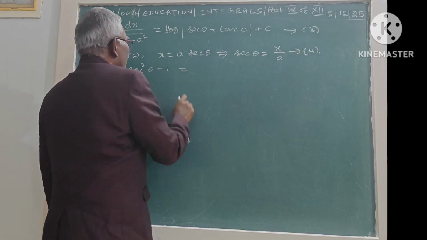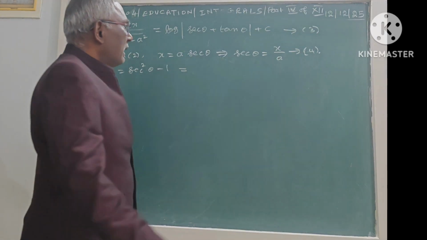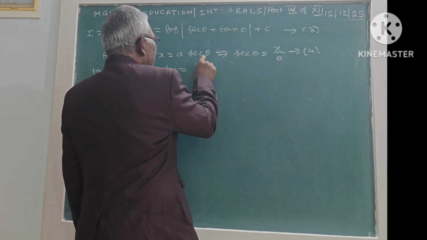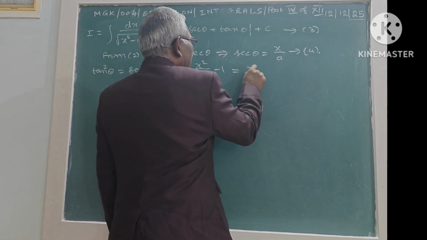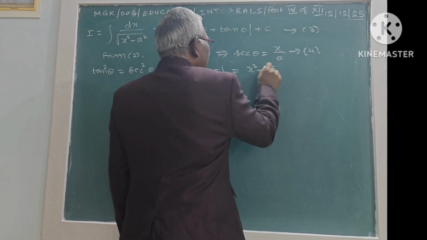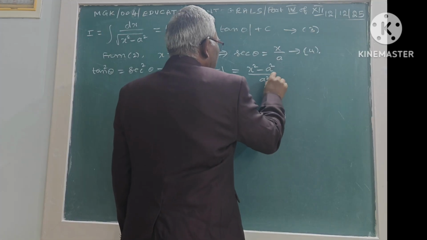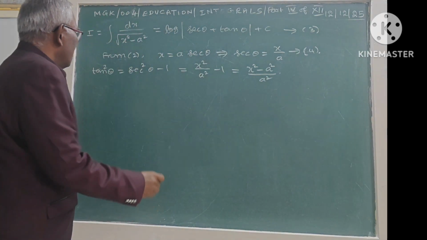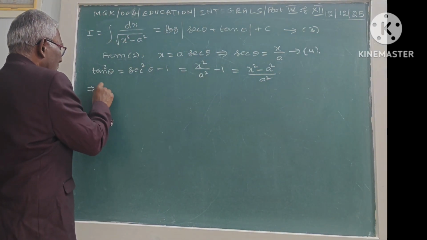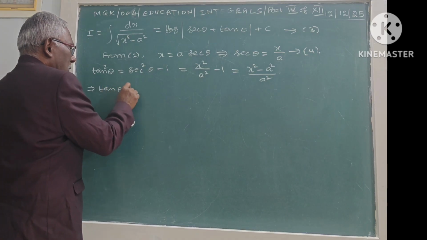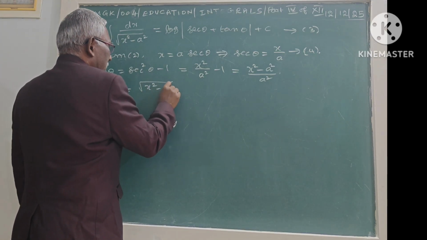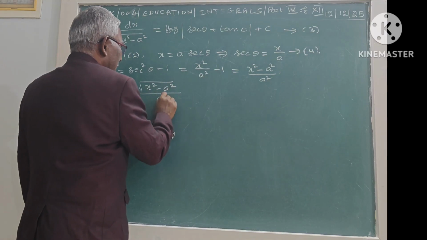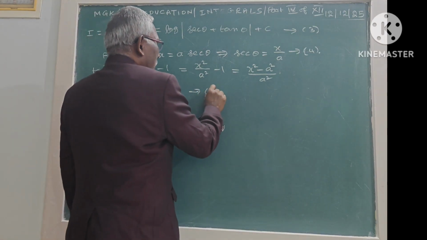So secant theta is x by a, so x square by a square minus 1. So x square minus a square by a square. So what is tan theta now? Square root of x square minus a square by a. We call this as 5.